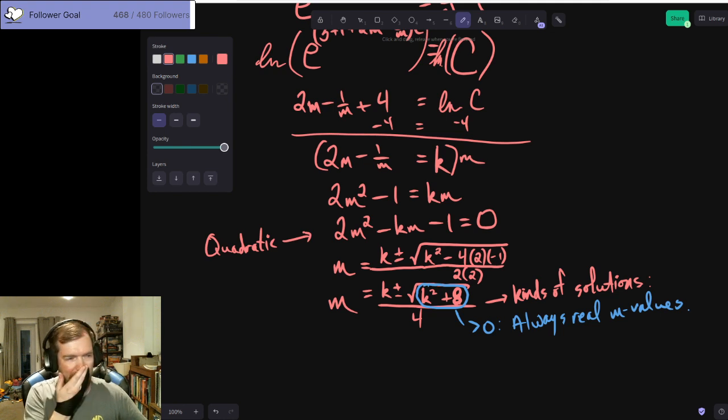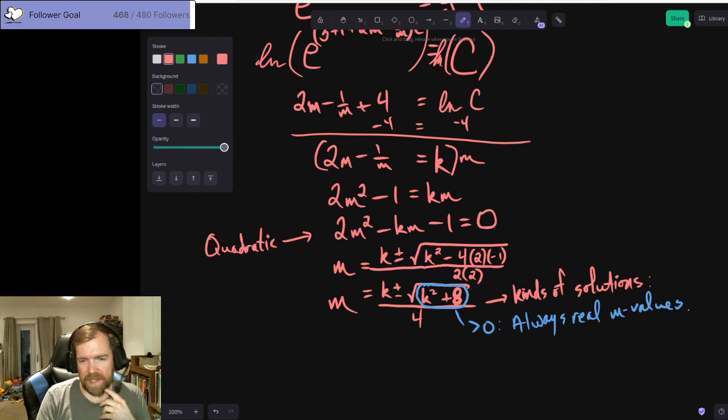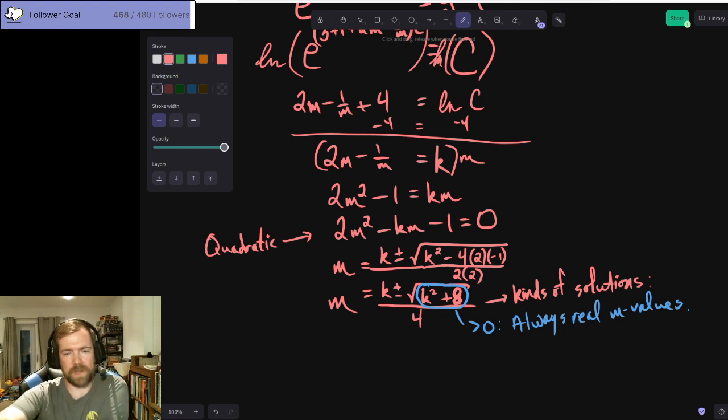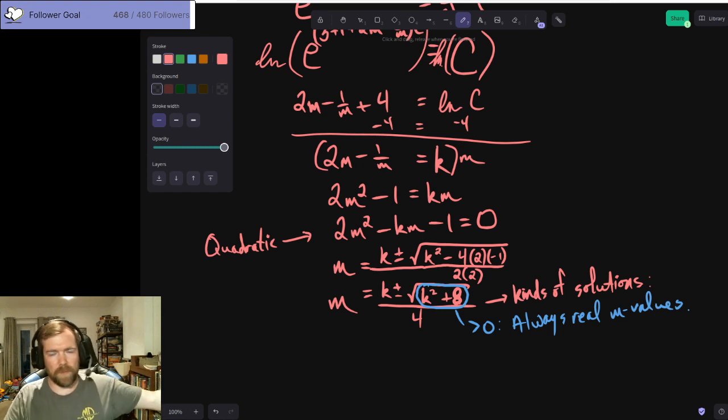The radical of k squared plus 8 is greater than k. Yeah, I was just about to say that. Thank you. As you were saying it, I'm like, that's exactly it. So in this particular case, the radical of k squared plus 8 is greater than k itself, and so k plus that thing, even if k is a negative number, the radical is always going to win.